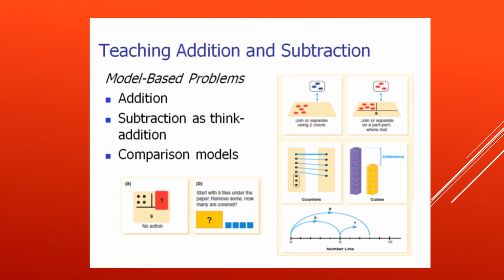Counters, this is really interesting because you match, and then what's left over is your answer if you're doing subtraction. Cubes can show the same thing, can show the difference. And number lines can show the same thing. So look at the bottom picture of the number lines. You could start with, like, there are a total of 8 coins. Sandra has, it looks like, 5. Sandra has 5. How many does George have?